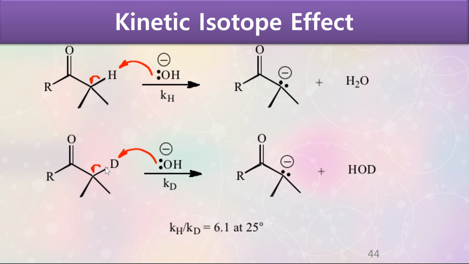If we replace one of the hydrogens with deuterium and then measure the rate constant for this, we would call it Kd. Then we would divide both rate constants, and in this case the value is 6.1 at 25 degrees Celsius.